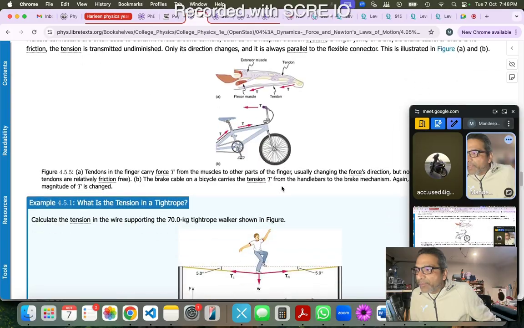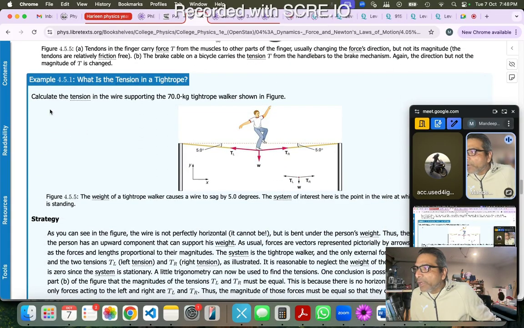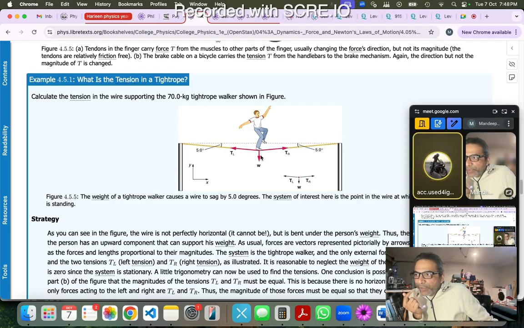All right. Similarly, check this: calculate the tension in the wire supporting a 17 kg tightrope walker shown in the figure. What is happening here is the rope is now bent 5 degrees. Can you see that? So now there is the tension left, the tension right, and the weight, and this is the free body diagram.